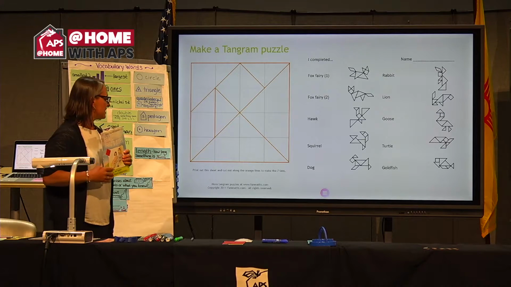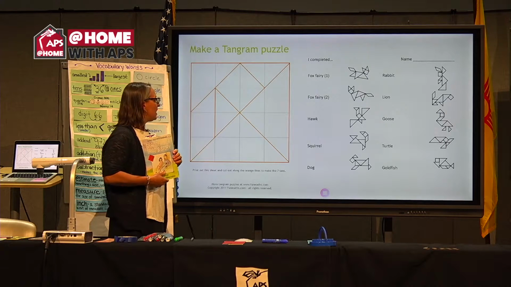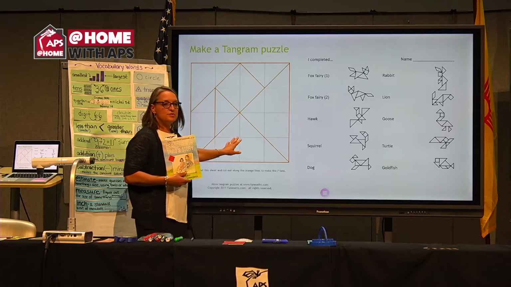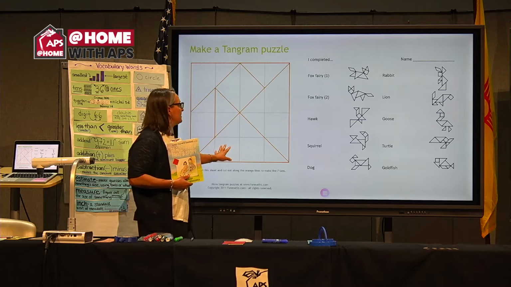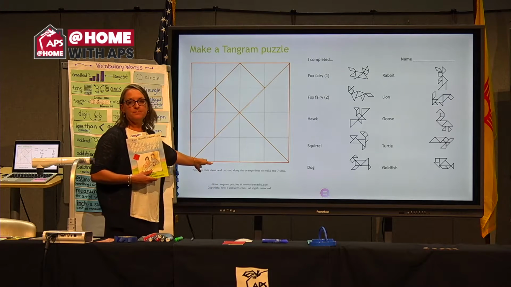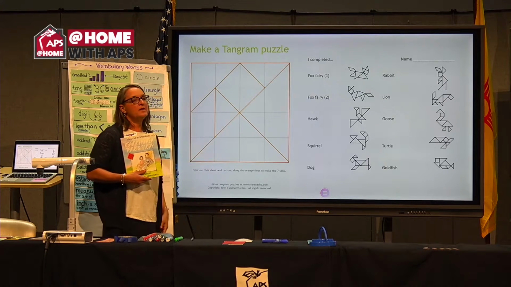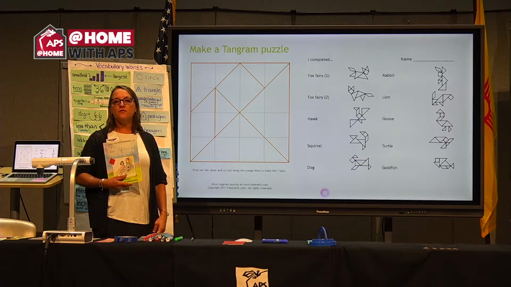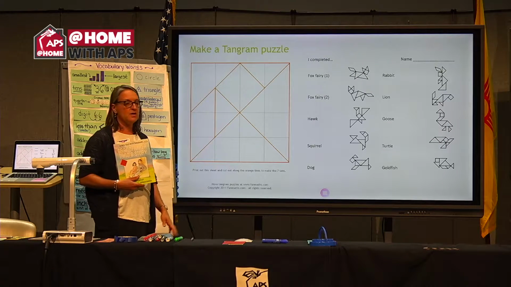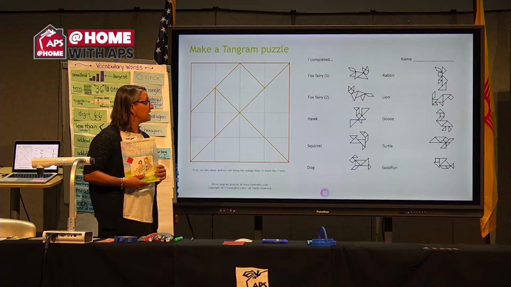And if you didn't get a chance to after yesterday's session, you might want to pause me and go to our resources on aps.edu, and we have there for you a tangram that you can print out and cut apart, or there's also directions for how you can fold up a square-shaped paper and draw a tangram puzzle pretty well and then cut it out.